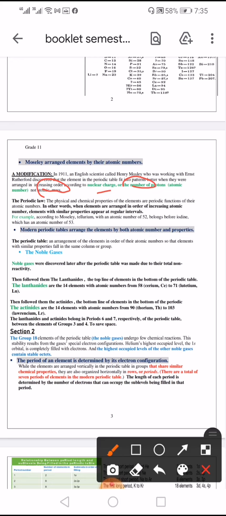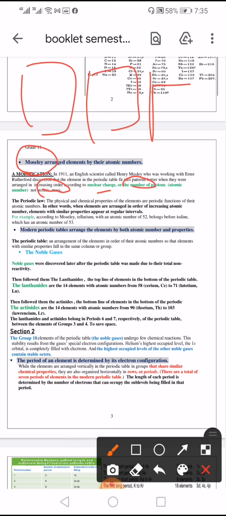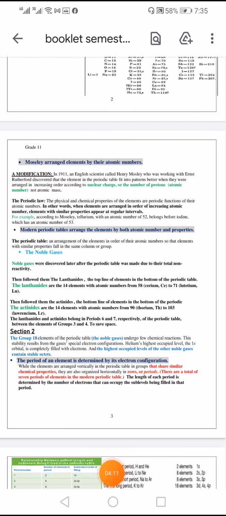So Moseley, who came after Mendeleev, noted that elements arranged according to atomic number fit the pattern of the periodic table better than according to atomic mass.